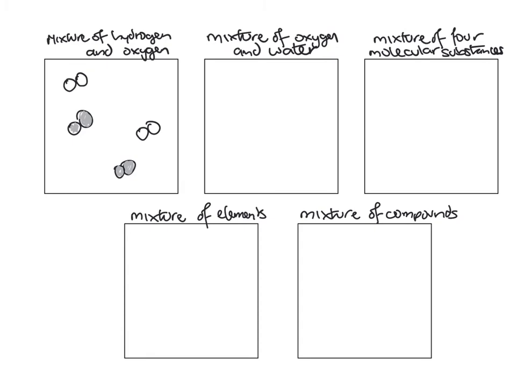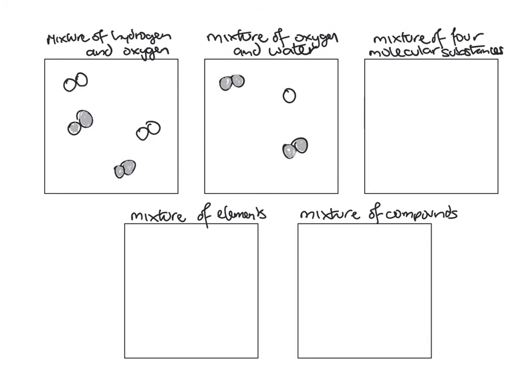Okay, on the next one it says a mixture of oxygen and water. So I'm going to draw my oxygens first. So again, it's O2. So I need to have them joined together, and I need to make sure that it's clear that they're oxygen. I said they were going to be sort of grey in the middle. So they're my two O2 molecules. And then water is H2O.